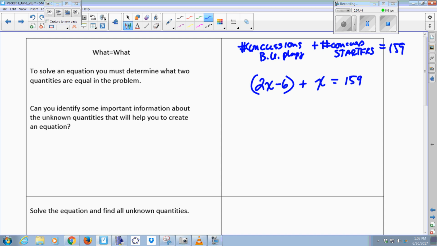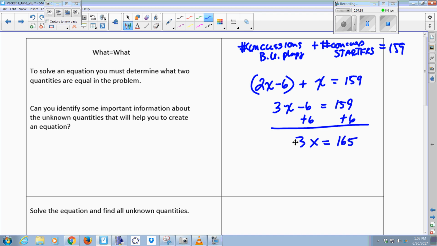So when I drop those parentheses, I add 2x and 1x, and I get 3x minus 6 equals 159. I add 6 to both sides, and I get 3x equals 165. I divide both sides by 3, and I get x equals 55.